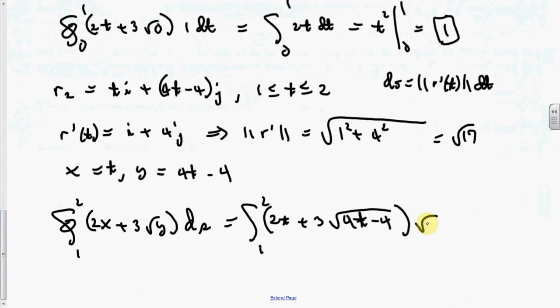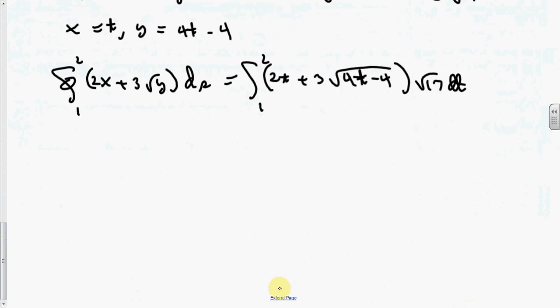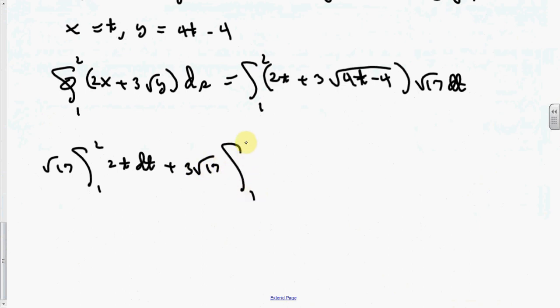So that norm gave us the square root of 17 times dt. So we integrate this guy. Let's put that square root of 17 out in the front. This is the integral from 1 to 2 of 2t dt, I'm going to break that up, plus 3 times the square root of 17 times the integral from 1 to 2 of the square root of 4t minus 4 dt.